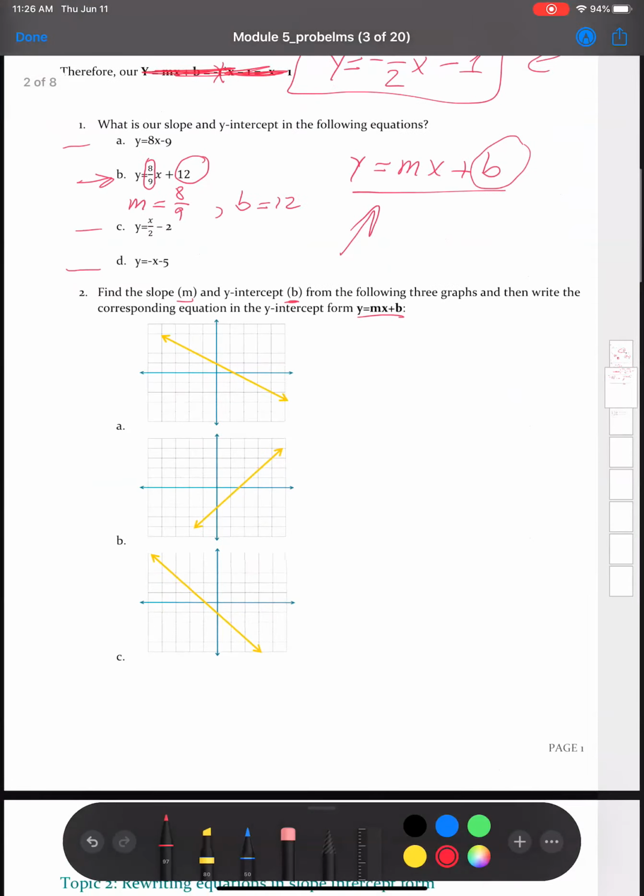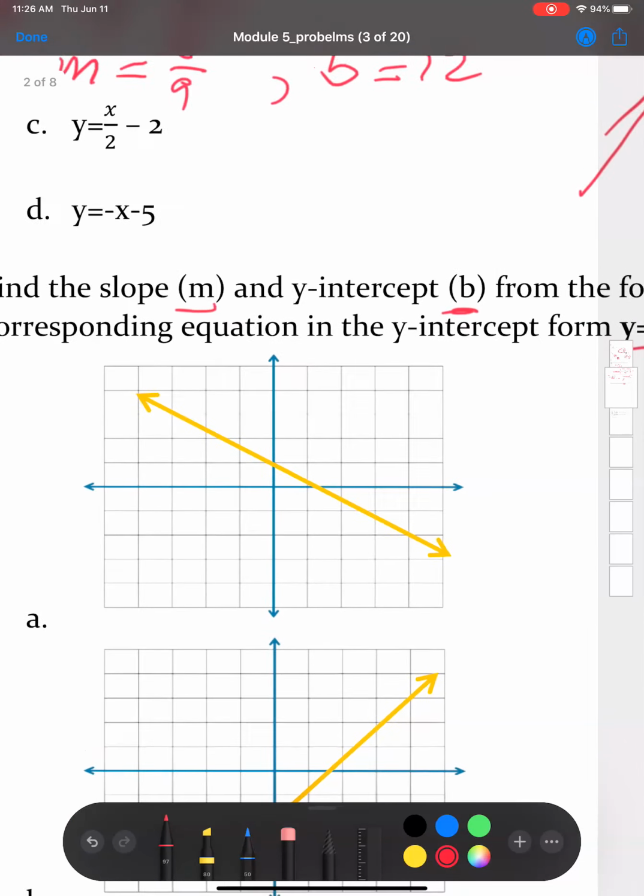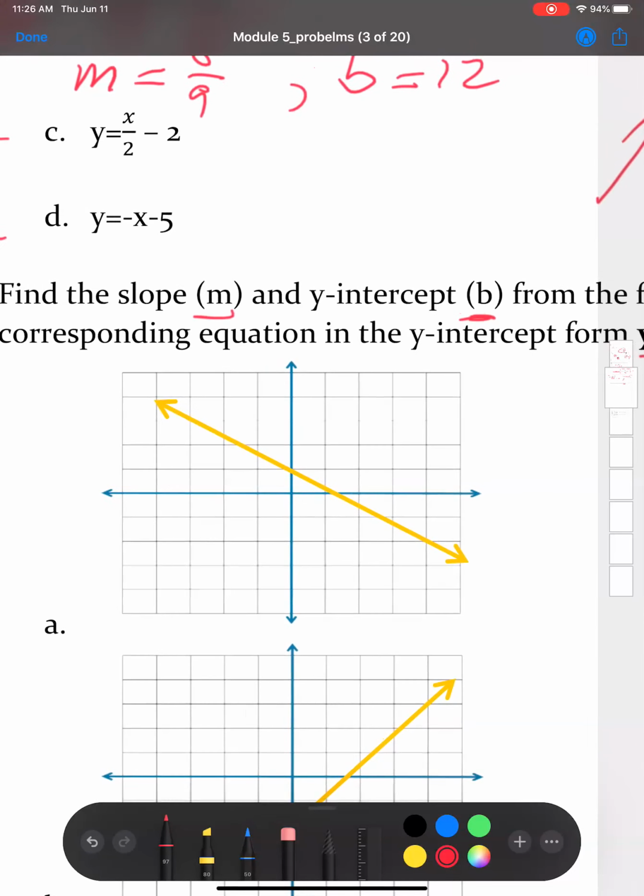So let's look at it. I'm going to zoom in and show you how to do this. I'm going to work through the first one. On this first graph, we have to find 2 points. One has to be where the line crosses the y-axis. I would say that is this point right here. That is your first point, and from the looks of it, this point is (0, 1).